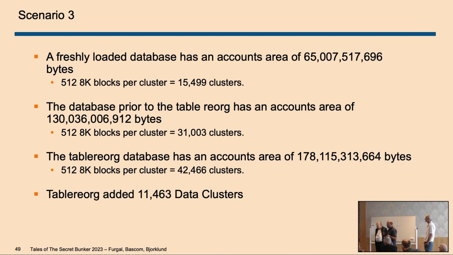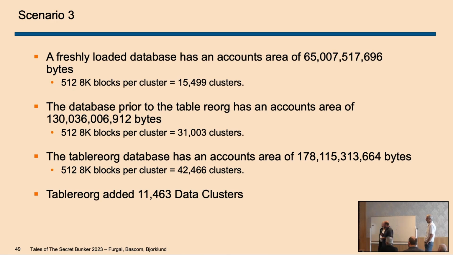This is just doing math to figure this out. The database prior to a table reorg had an accounts area of 130,000 bytes. It's much more because this is the one that was not freshly loaded. This is the one that has the interleaved gaps in it. So that had 31,003 clusters, doing the same math.